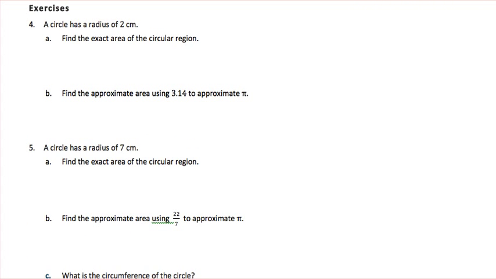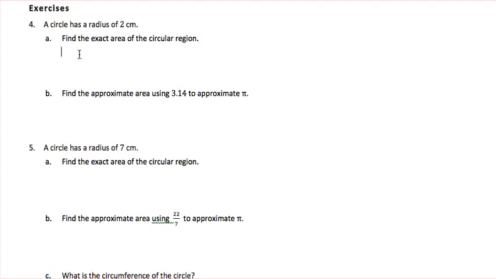In the exercises, we'll practice a little more with finding areas of circles and doing problems that involve area of the circle. If a circle has a radius of 2 centimeters, and they're asking us to find the exact area of the circular region, our exact area has to be written a little differently. Remember, the formula for area of the circle is pi times radius squared.